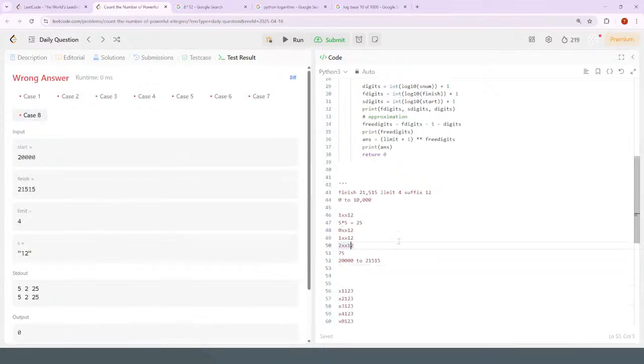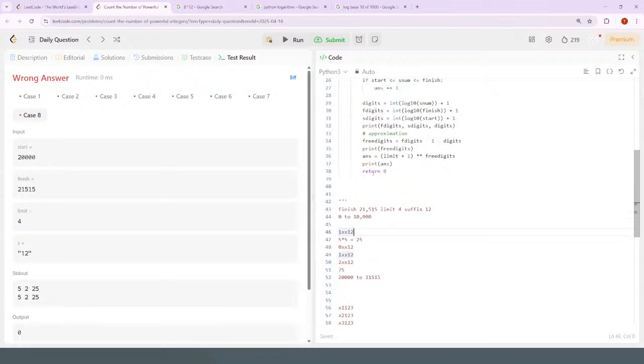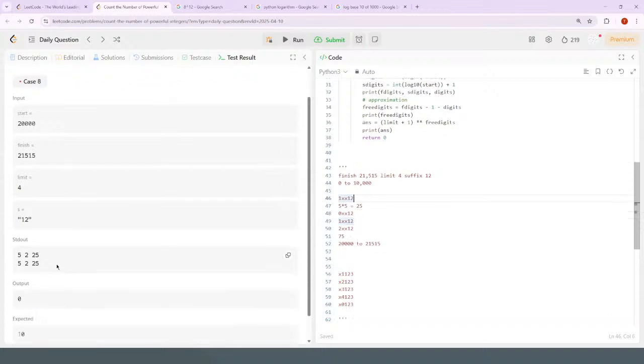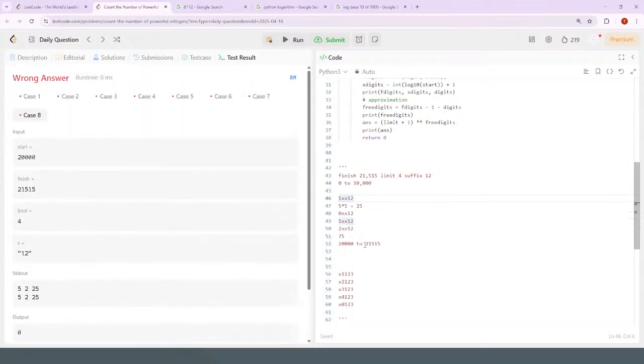So yeah, if you just have a power of 10 or a multiple of power of 10, then that digit you have multiplied by the number that you calculate with 3 digits, that would work. But then you just need to calculate from that multiple of power of 10 to the actual finish.